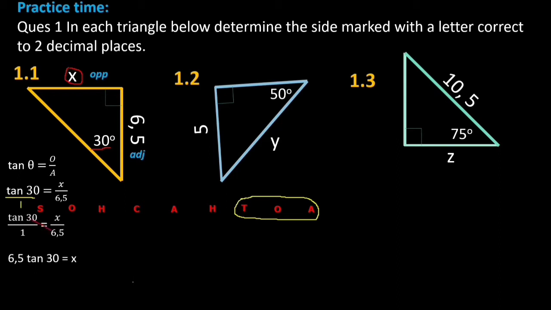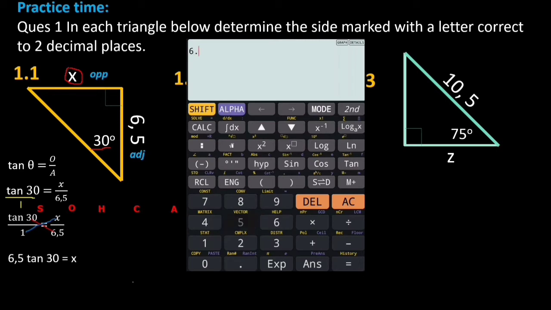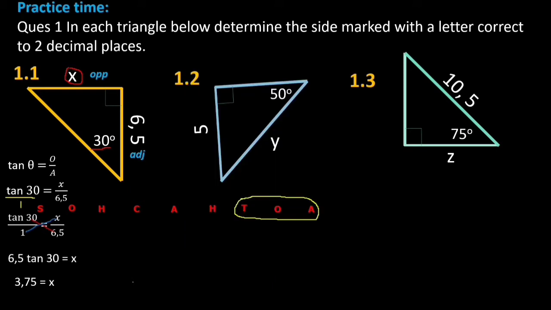On the calculator, type in 6,5 tan of 30, or 6,5 times the tan of 30. You probably don't even have to add in the times function. Just write 6,5 tan 30, and your scientific calculator will understand what you mean and will tell you x is equal to 3,75.